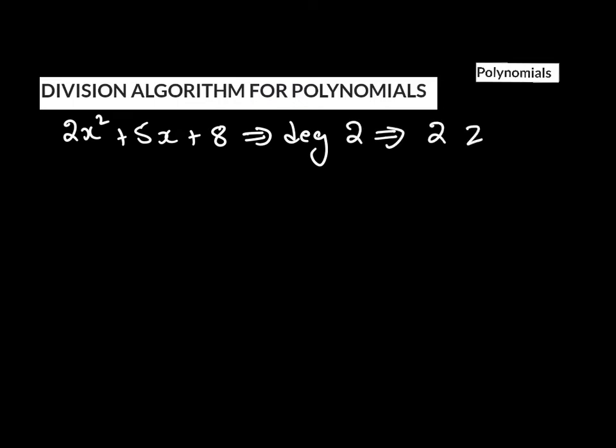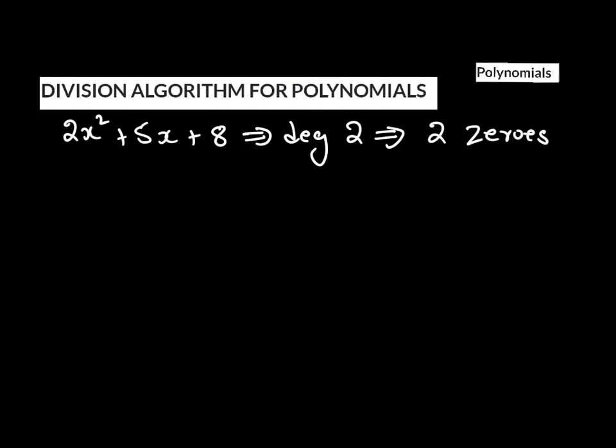We know that when the degree of the polynomial is 2, it has at most 2 zeros. For example, now this is a quadratic polynomial. The degree of this polynomial is 2. So it has at most 2 zeros.